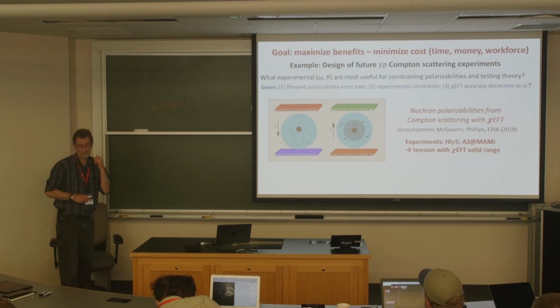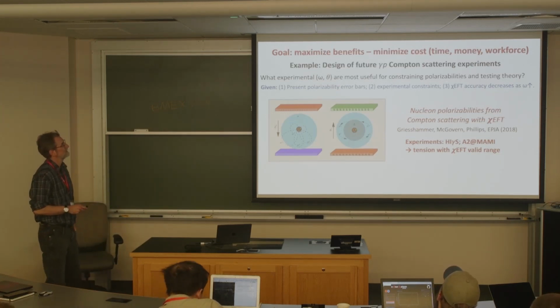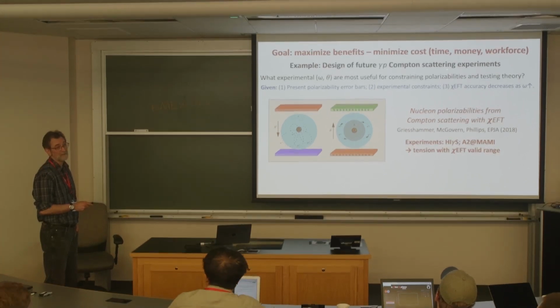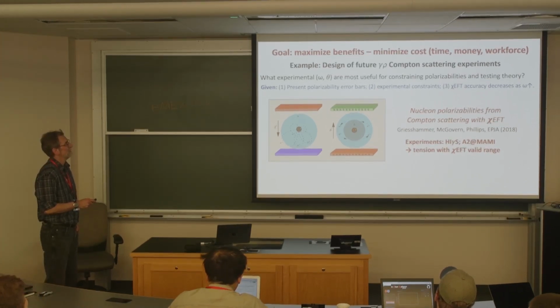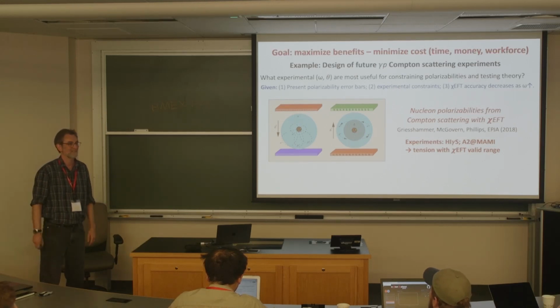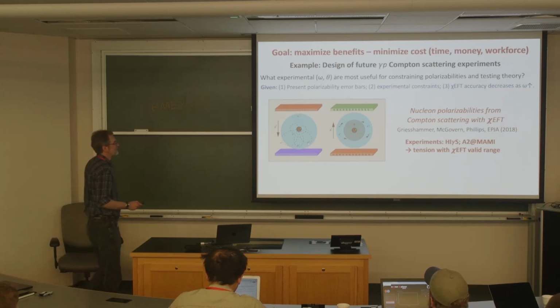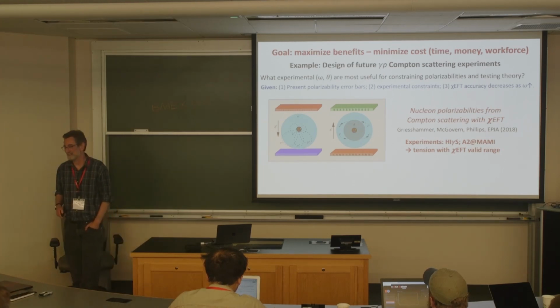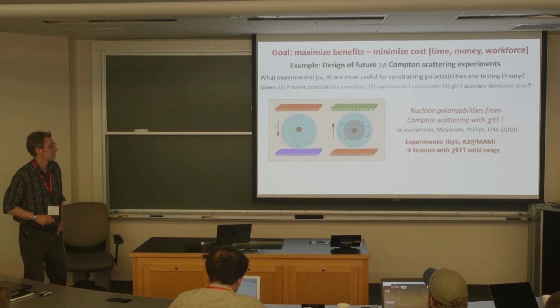Let's do an example. And the example here is designing future Compton scattering experiments, where we have a photon beam that's going to give electric and magnetic fields. So you can think of the experiment as putting protons or neutrons inside of magnets or capacitors and watching how they polarize.